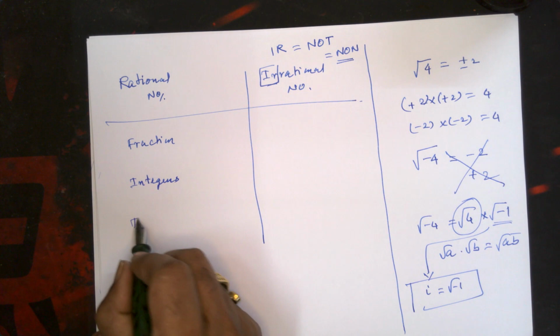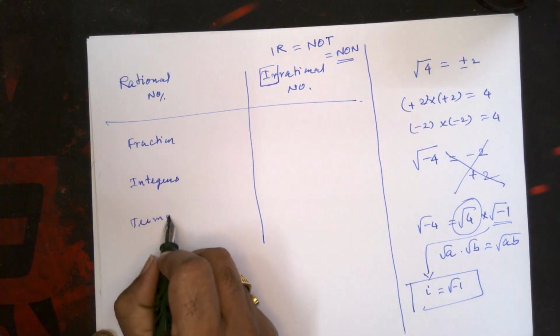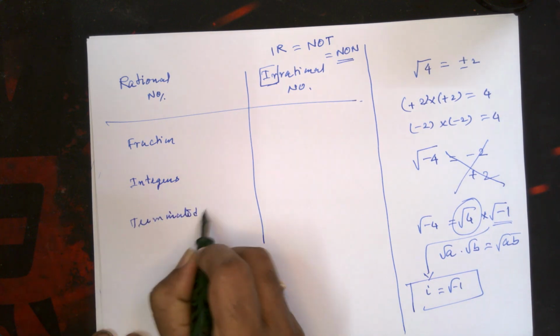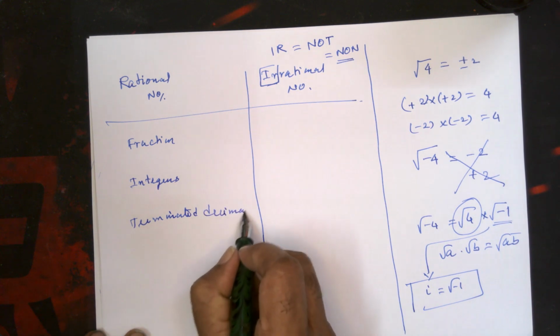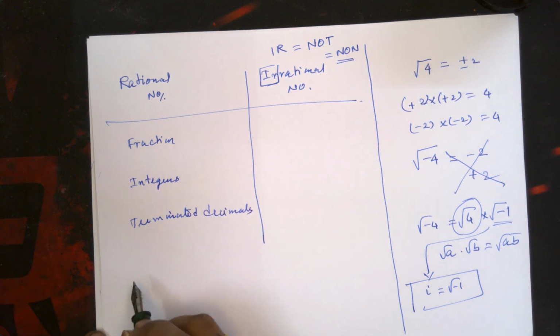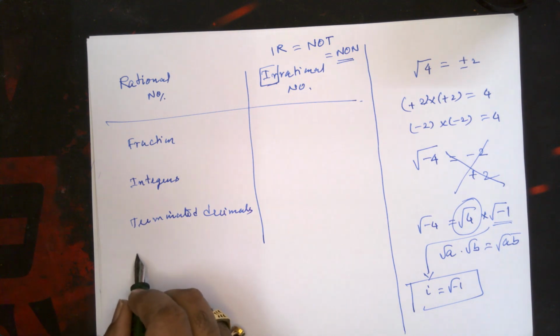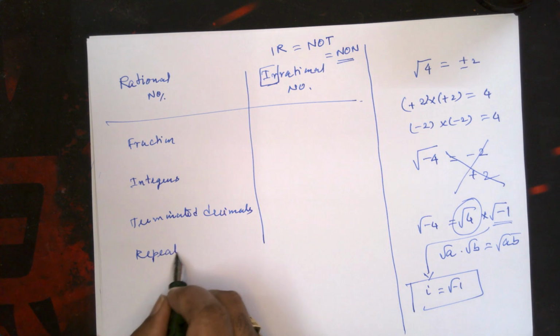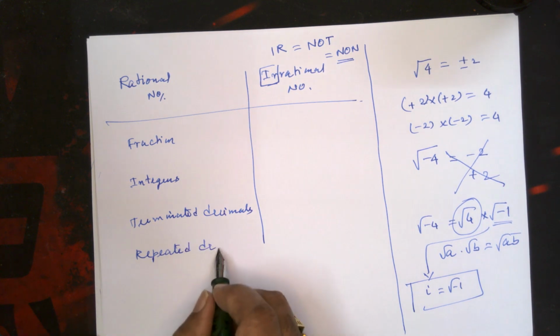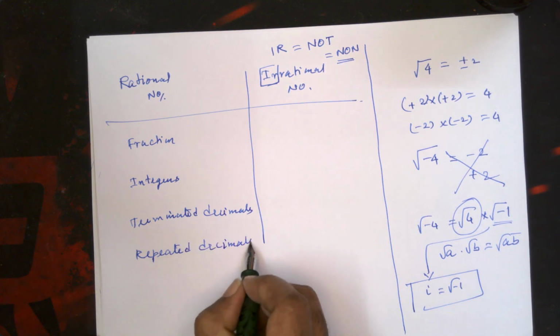Rational numbers can be terminated decimals. Rational numbers can also be repeated decimals. I'll explain one by one.